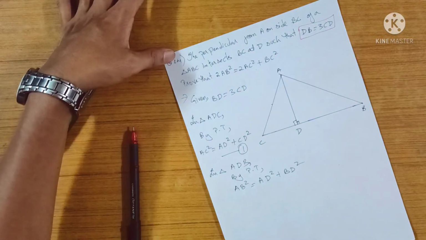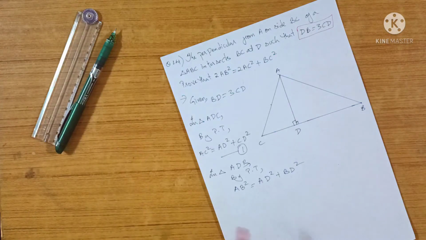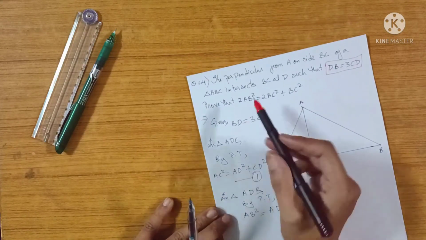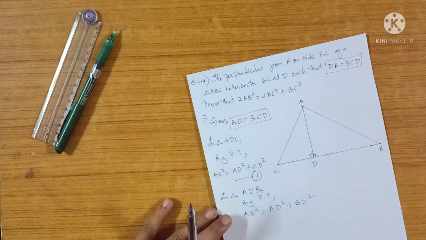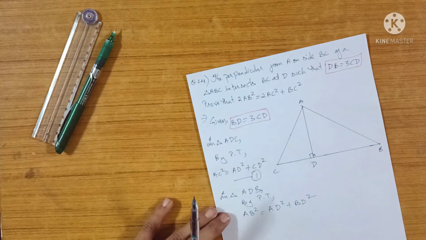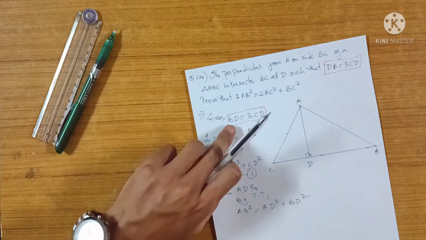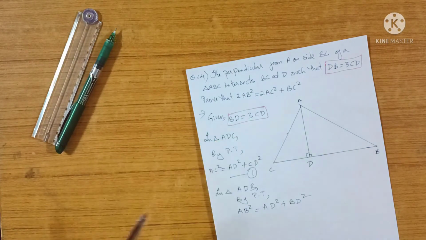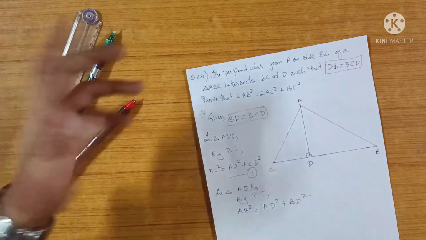Okay, so now the thing they've given us is this, right? This. So we can replace, whenever you see BD, we'll just replace it with 3 times CD, because I guess that's the reason they want us to do it.